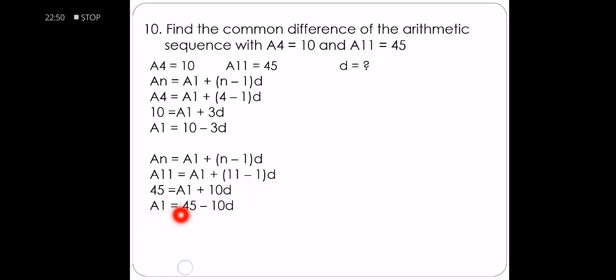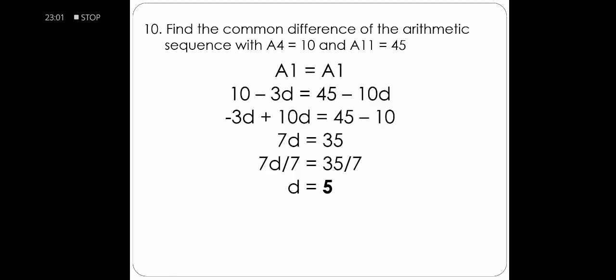A sub 1 equals 45 minus 10d. So this time, i-equate na natin tong dalawang a sub 1 since pareho sila ng value. Okay, so a sub 1 equals a sub 1. So yung una nating a sub 1 ay 10 minus 3d. Yung pangalawa nating a sub 1 ay 45 minus 10d.